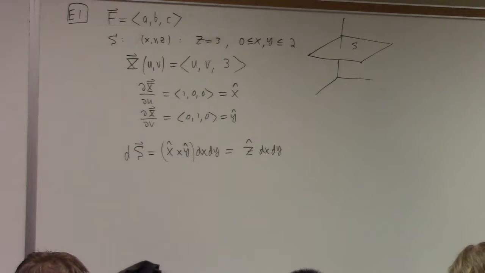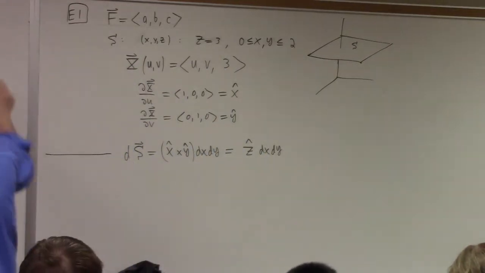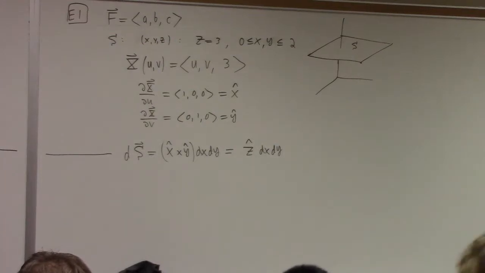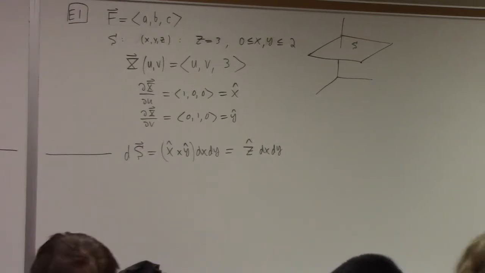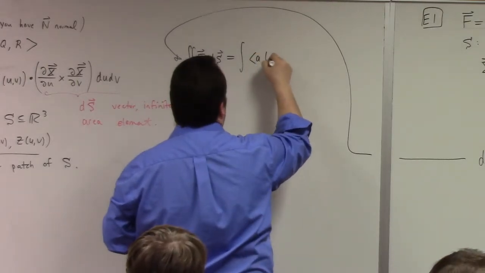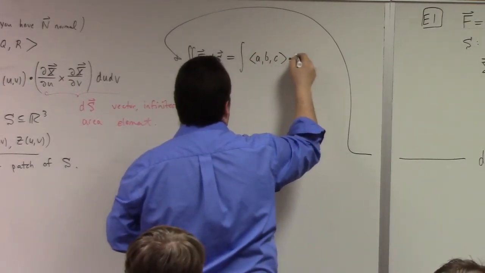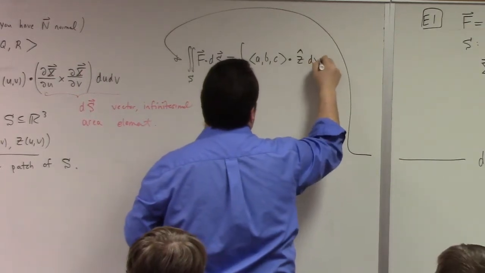And so put the pieces together. The integral of f dot dS over the surface S is the integral of, and this one's kind of boring, (A, B, C) dotted with z hat, dx dy.